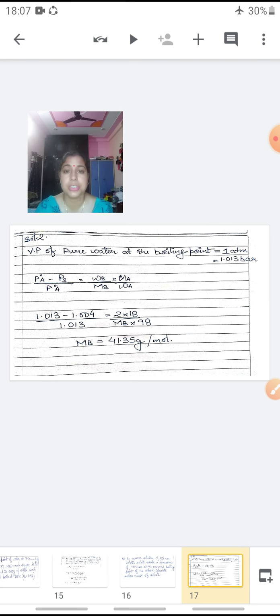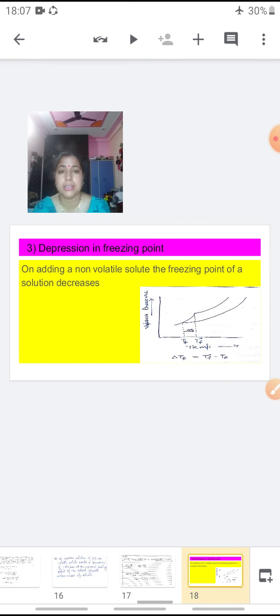Now children, today we have to start with the depression in freezing point, that is the third colligative property. Children, you must have heard that in cold countries where a lot of snowfall takes place, salt is sprayed on the snow so that it can melt easily.